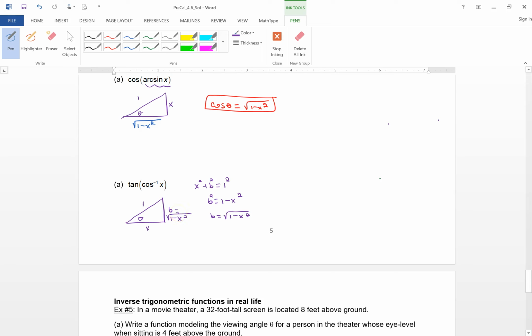Okay? Now, how do I find the tangent of this? What's tangent of theta? Right. The square root of 1 minus x squared over x.